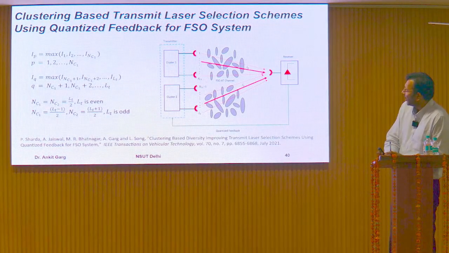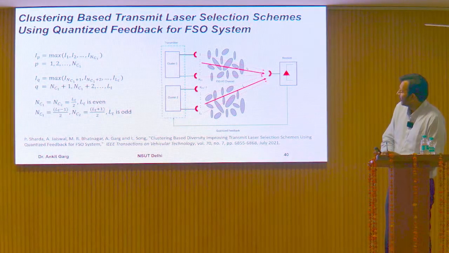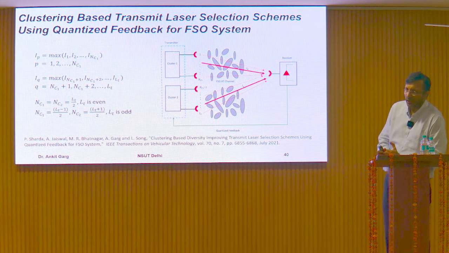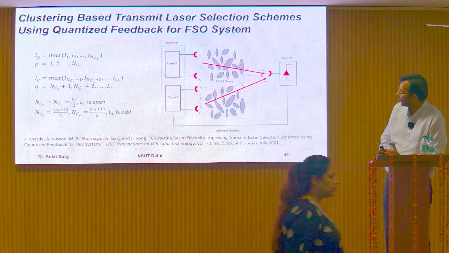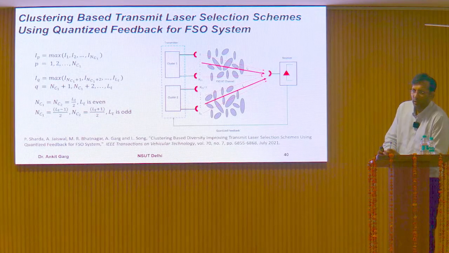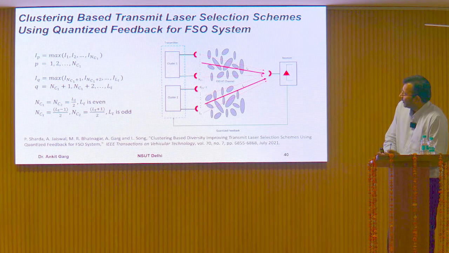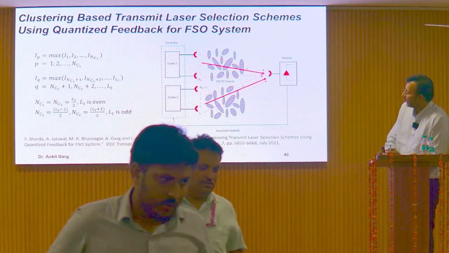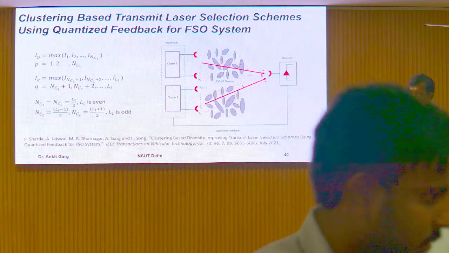Again, in this cluster-based transmit antenna selection scheme, we divide the total laser antennas into two clusters and select the best laser out of it. So this IP represents the laser antenna associated with the maximum intensity.